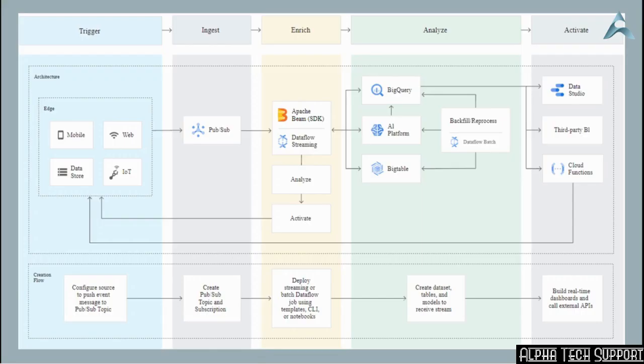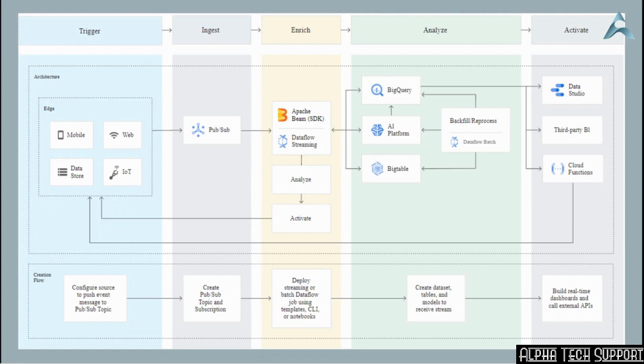If you look at this diagram here, it represents the typical flow for a stream data processing pipeline. Here, you can configure your stream data sources, like a mobile application or your web application, to push events to a Cloud Pub/Sub topic. And you can configure a data processing pipeline in Apache Beam to subscribe to those events.